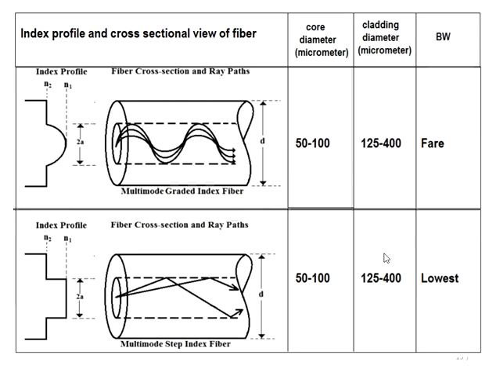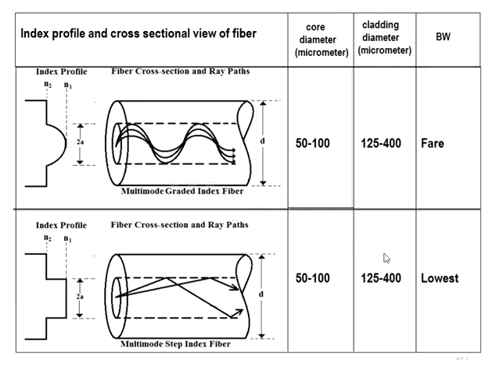So the multi-mode step index fibers are normally not used for communication; they are used for experimental purposes in laboratories. For long distance communication, single mode fiber is preferred, and for moderate communication, mostly multi-mode graded index fibers are used.